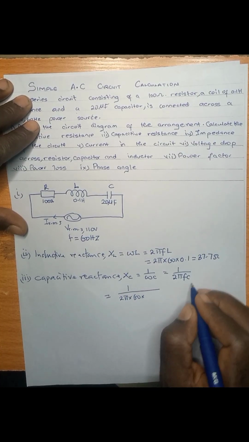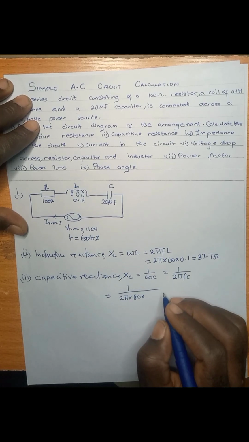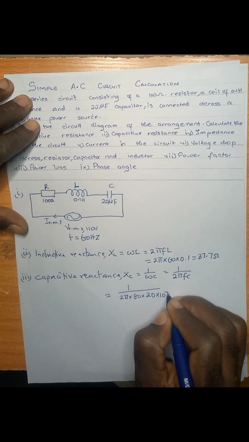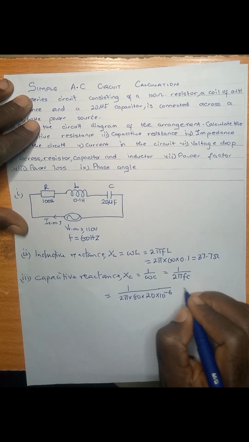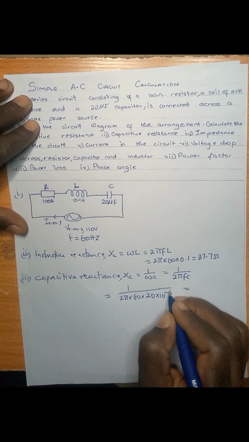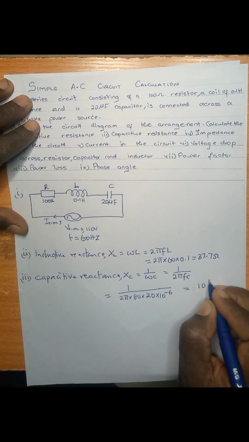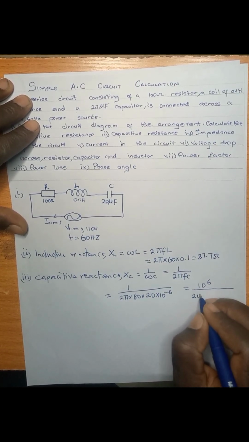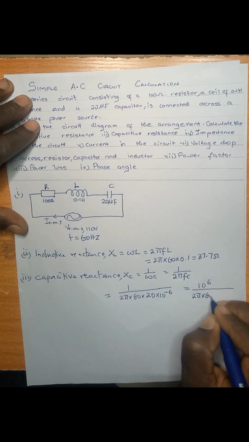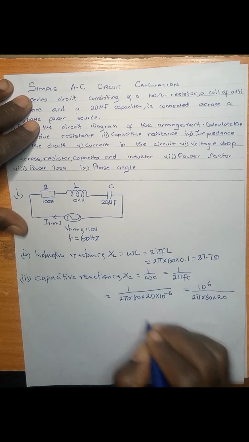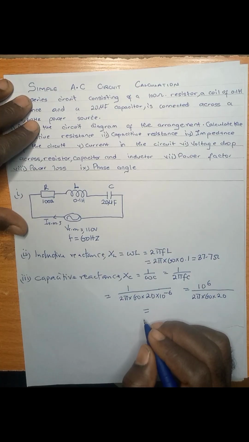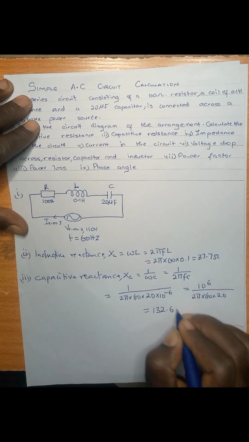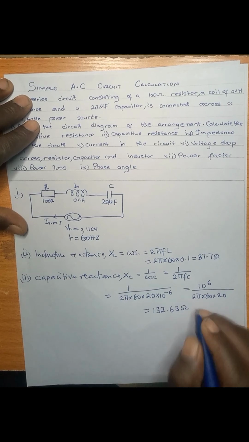Our C is the capacitance of the capacitor, which is 20 microfarad, and micro means 10 raised to power minus 6. From here, we take this 10 raised to power minus 6 up. It will now be 10 raised to power positive 6 over 2 pi times 60 times 20. When we evaluate this, we are going to have 132.63 ohm.